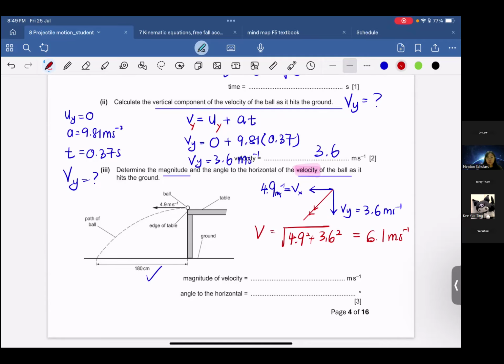Now they're asking you to find the angle to the horizontal. That means they want this angle. Can you help me find the answer? This is Vx, this is Vy. What is this angle?